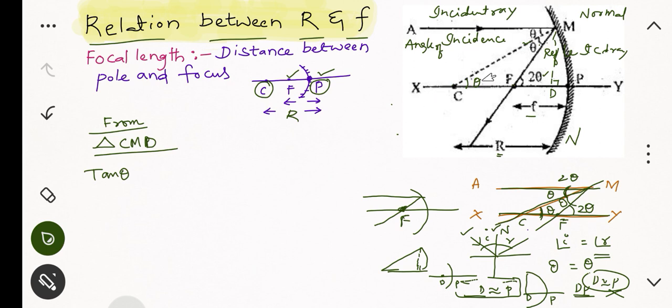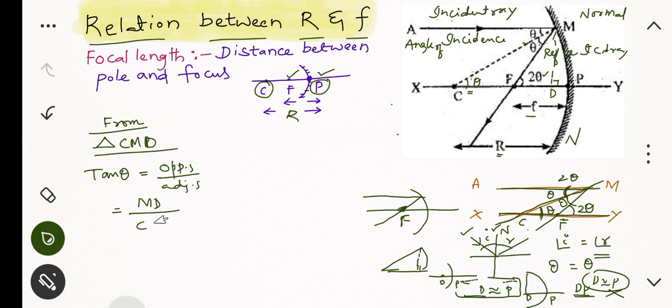Here the angle made at point C is theta, so tan theta is equal to the opposite side by the adjacent side. The opposite side is MD divided by the adjacent side, CD.